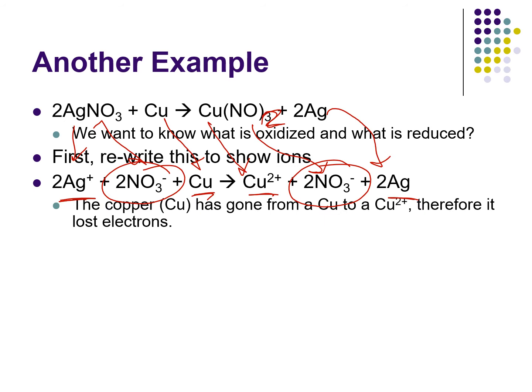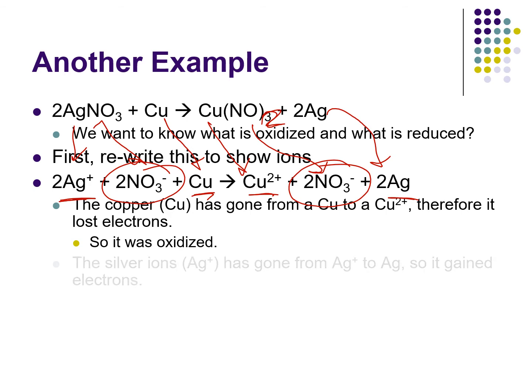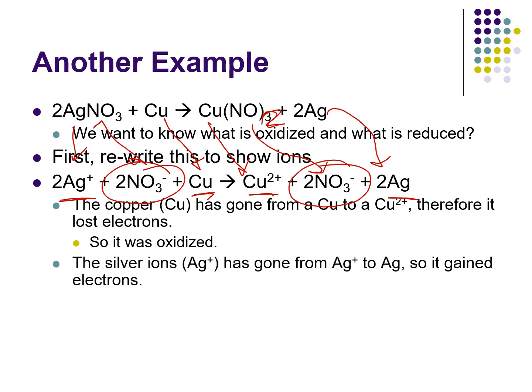So again, that copper went from copper to copper 2+. To become copper 2+, it had to lose electrons. And what is loss of electrons? Oxidation. Likewise, the silver went from Ag plus to just Ag. To do that, it had to gain electrons, gain that negative charge to neutralize it out. Gaining electrons is reduction.